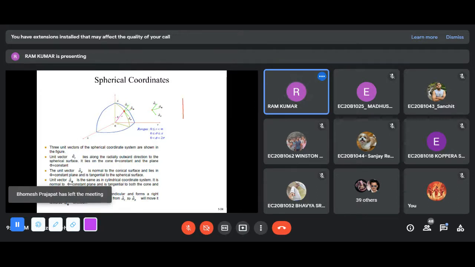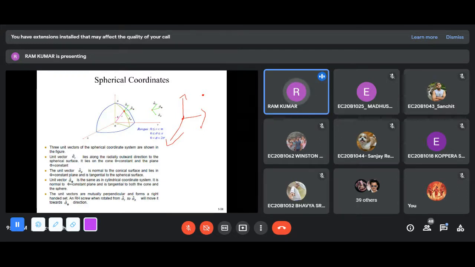Suppose you imagine an x, y, z coordinate system in free space, and you are locating one point. You take one reference point, that is the origin. Imagine a three-dimensional view. This point is some distance along the x-axis, some distance along the y-axis, and some distance along the z-axis. Then you can get the point, right? You can locate exactly that position based on x, y, z.